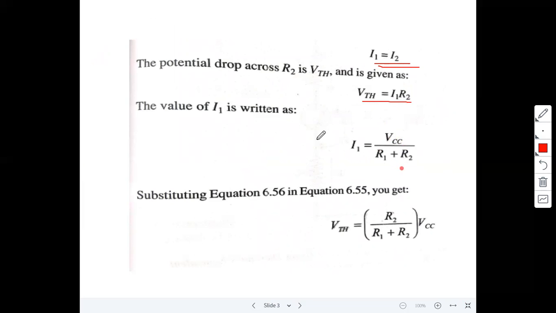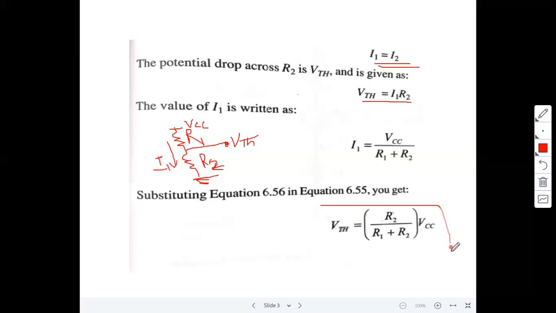Consider only two resistors with the same current flowing through them: R1, R2 and ground, connected to VCC. The simplest technique is to apply the voltage divider rule. V Thevenin is equal to VCC times the grounded resistor, R2, by R1 plus R2.